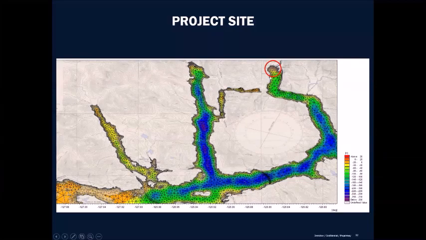And as I mentioned, this is site number 1. The site number 1 is right here. So we have done the tsunami model, and we have estimated how far this community will be inundated.